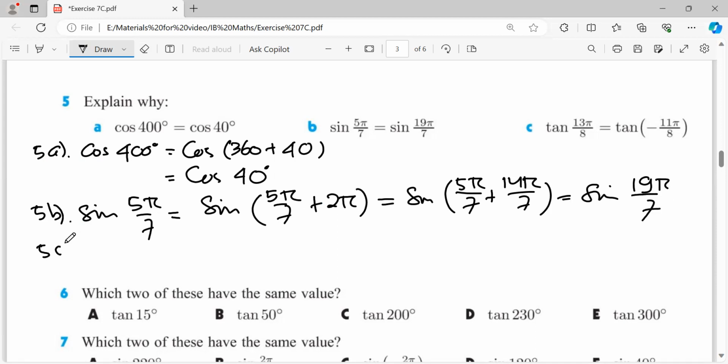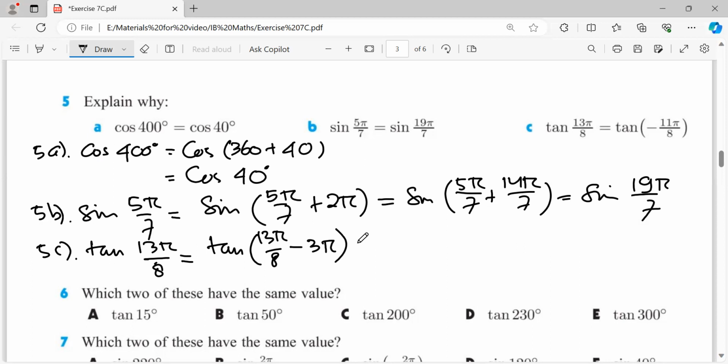And 5c, sorry, tangent. I mean tangent 13 pi over 8 equals tangent of 13 pi over 8 minus 3 pi.